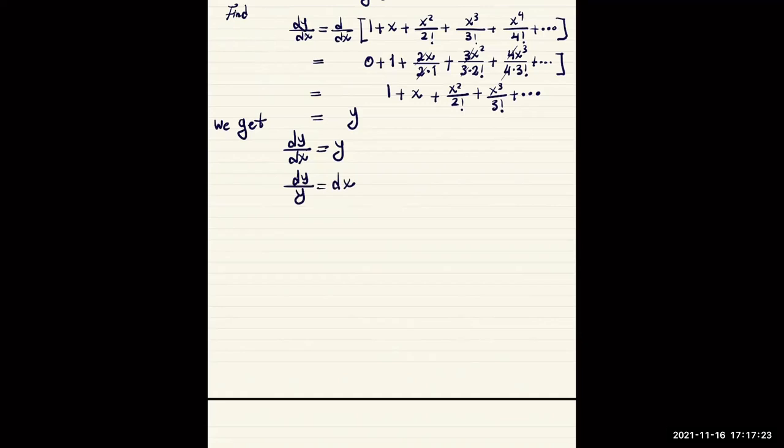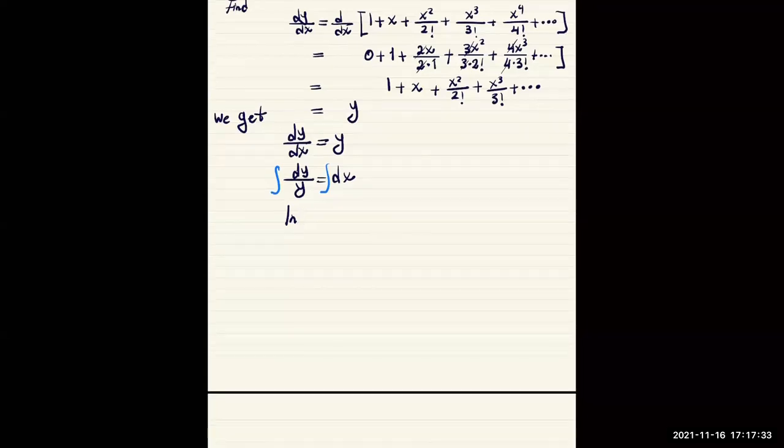And then we can integrate. The antiderivative of dy over y is ln of absolute value of y. Antiderivative of dx is just x, and then we get some constant of integration.